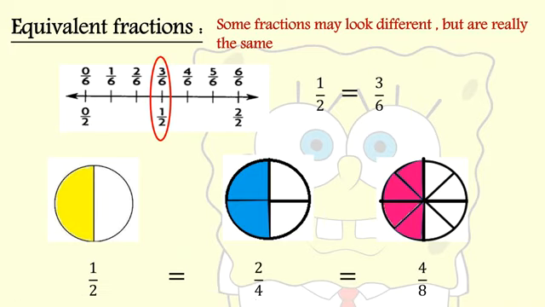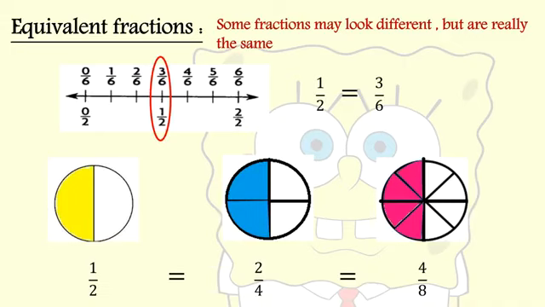And then I multiply the numerator 2 by 2 to get 4, and the denominator 4 by 2 to get 8. So if I multiply the numerator and denominator by the same number, then I'm not changing what that fraction represents. And actually, I can go on forever.